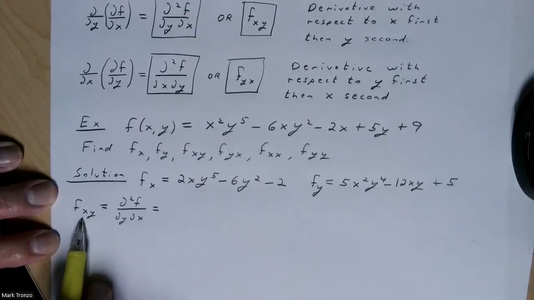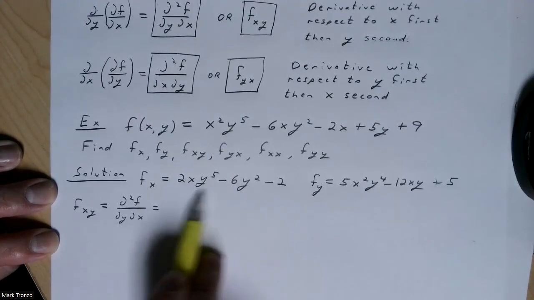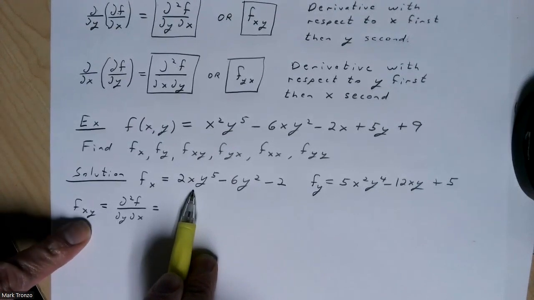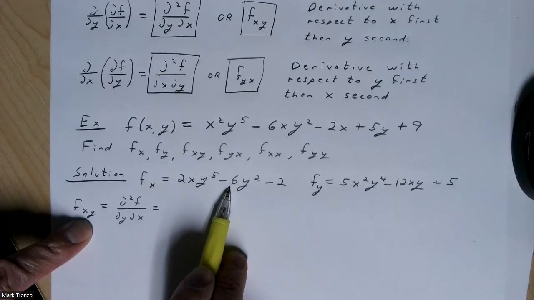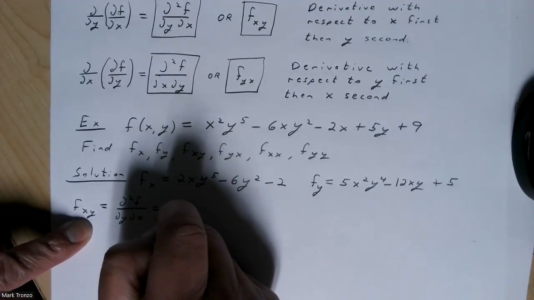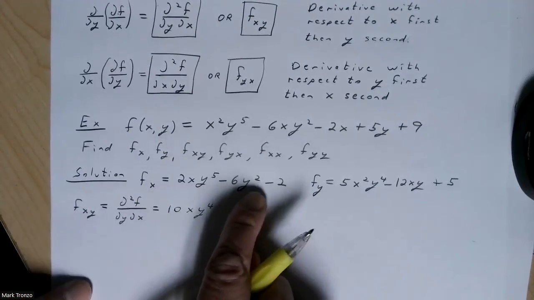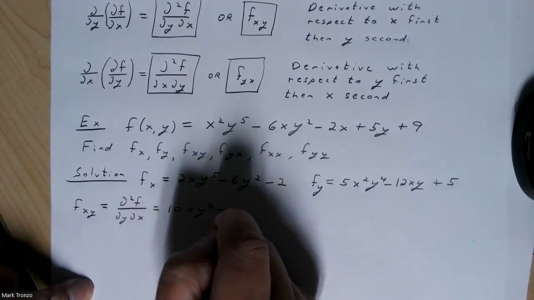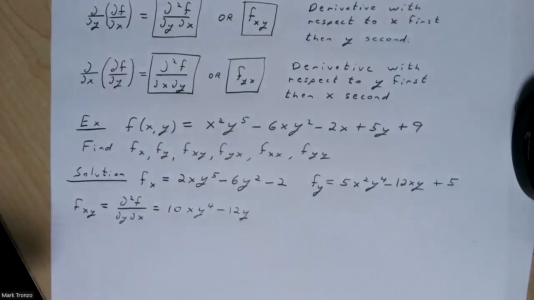Again, this is saying do the derivative with respect to x first and then y. So we have to go back to this one and take the derivative with respect to y. So it's going to be 10xy to the 4th. Then this is going to be minus 12y. Of course, that's going to be 0.